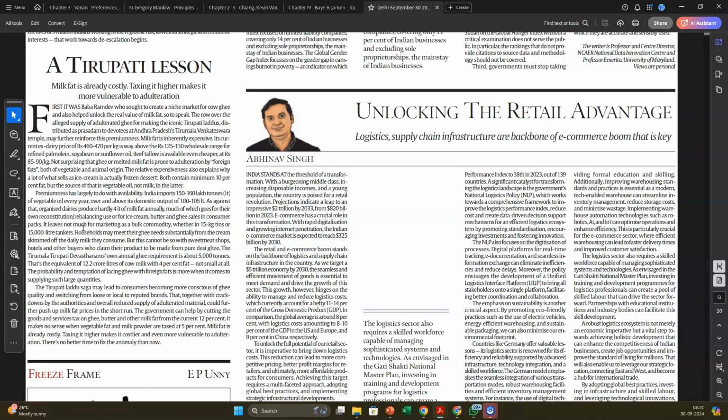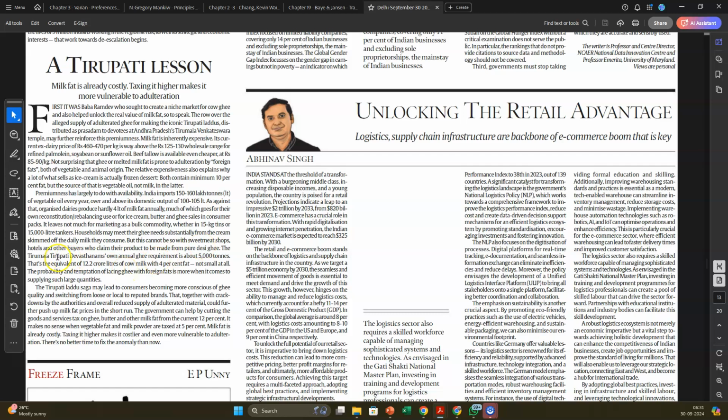So because there is a lack of milk fat available in the economy, there is a lot of adulteration that happens. It's because of the market needs that the adulteration happens, and therefore every product that claims to be pure desi ghee is actually not desi ghee.